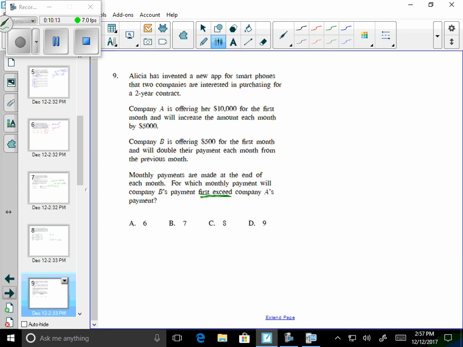Well, first, we have to write equations. So company A is going to be a linear function because it's a constant rate of change, where y equals mx plus b. Y equals 5,000 x. That's our slope because that's how much money she is making each month.